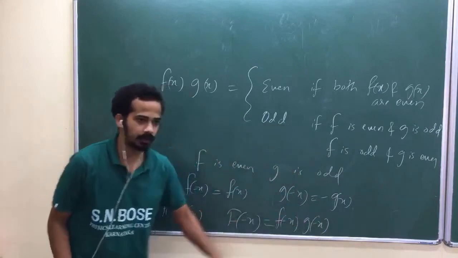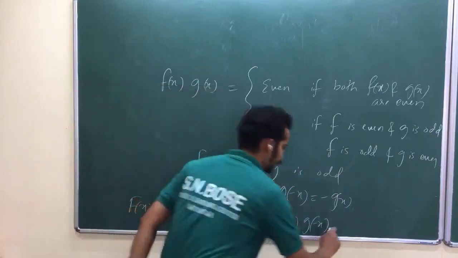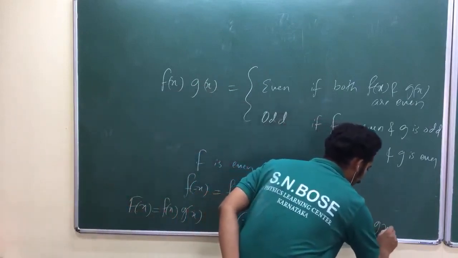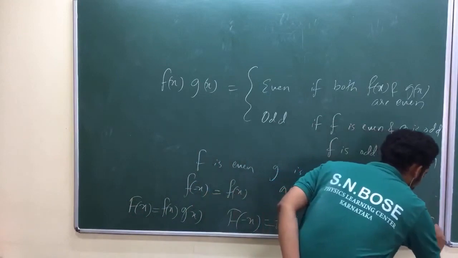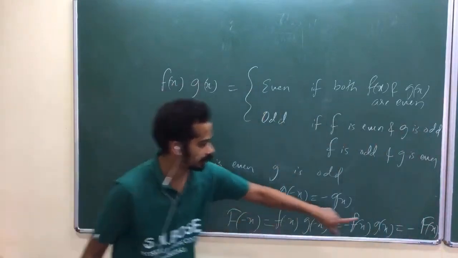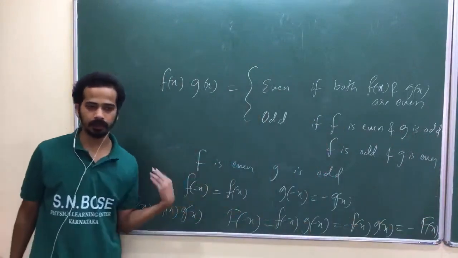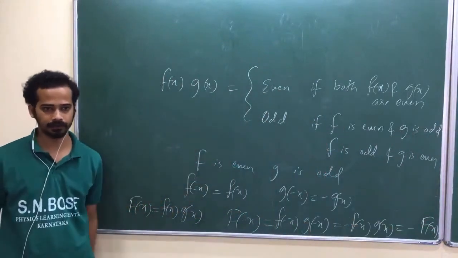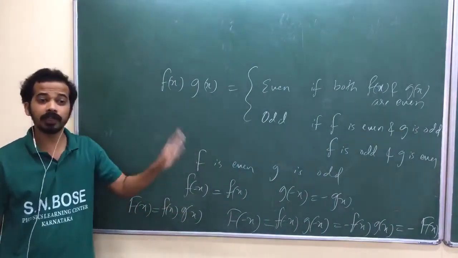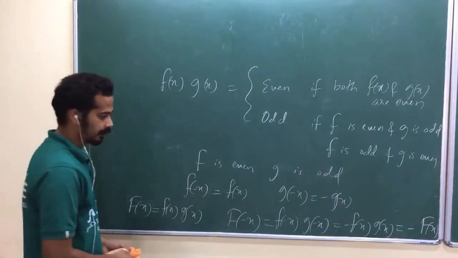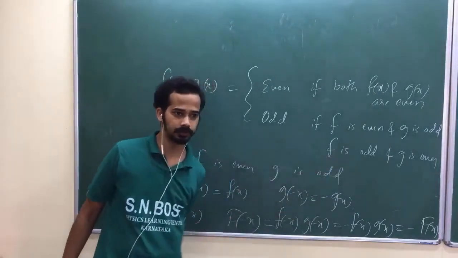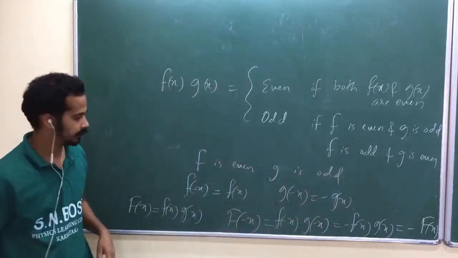Here f of minus x will not change the sign, that's equal to f of x itself. g of minus x will change the sign, minus g of x. That's nothing but minus capital F of x. So capital F of minus x is equal to minus capital F of x. That's why the product of even and odd functions is an odd function. The product of even and even is even. The product of odd and odd is even again. Why? If you change the sign, both of them change sign, and as a result you get a positive sign. Is that okay?